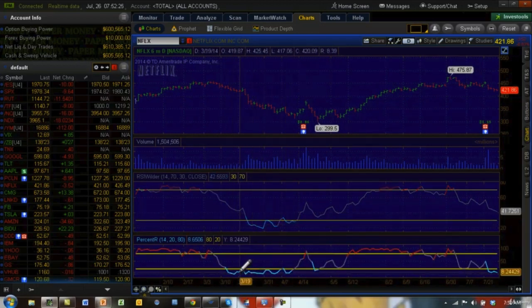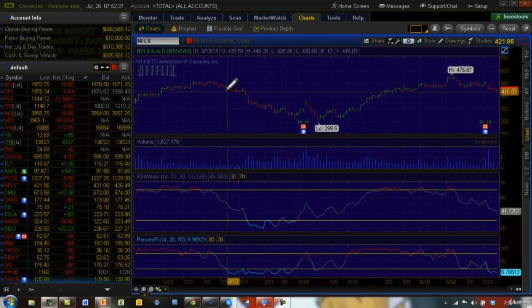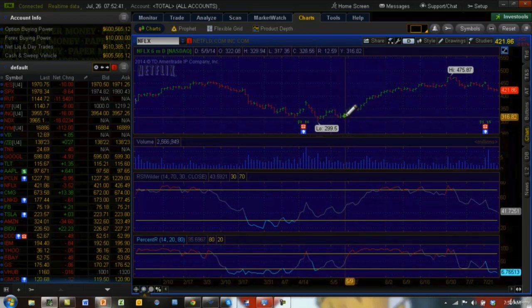In the percent R, it could be a trigger because it gives you an earlier indication that the stock is entering a bearish mode, and all the way till here, it does a pretty good job. Similarly, from here, it picks up the bullish signal and goes all the way till, let's say, here.